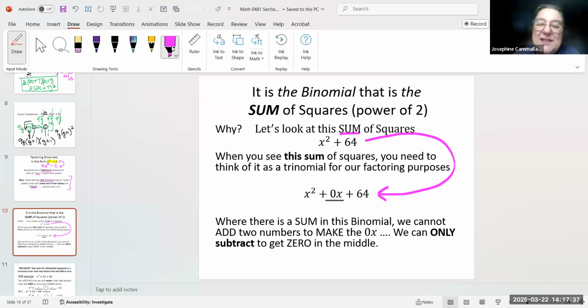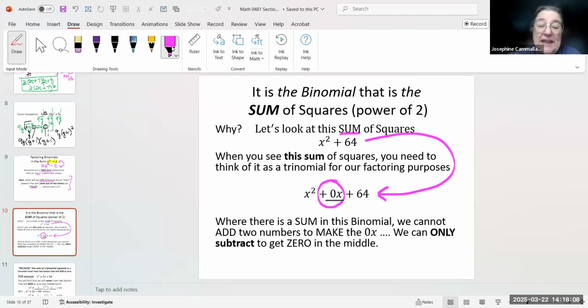But you've got to notice what's in the middle. That bx term has got to be 0. And this type of binomial can't be factored. It is going to be prime, and there's another alternative, but most of the time it's prime.